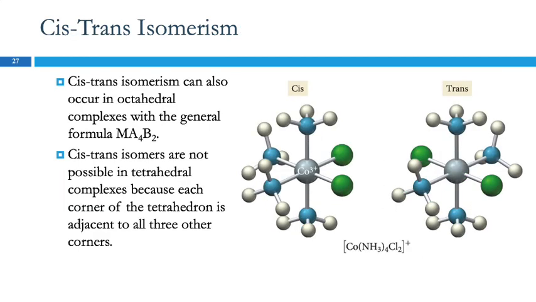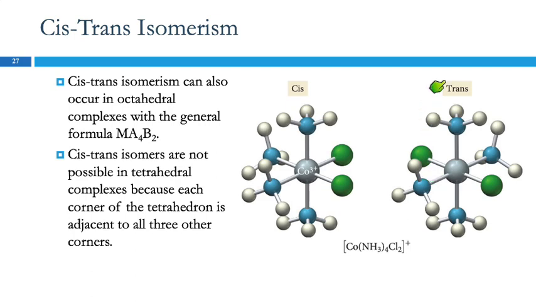So that was a square planar. It can also happen in octahedral complexes. So here we've got cobalt with 4 ammonias and 2 chlorides. So here we can have these 2 chlorides next to each other along the axial plane, or they can be across from each other.